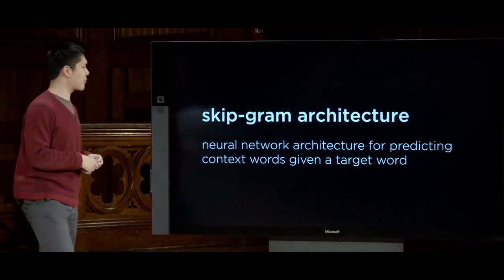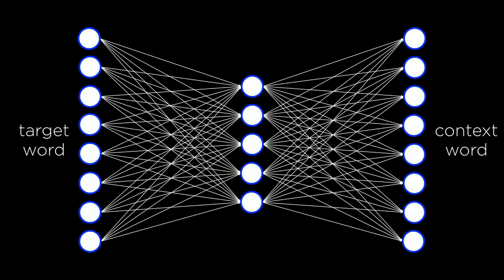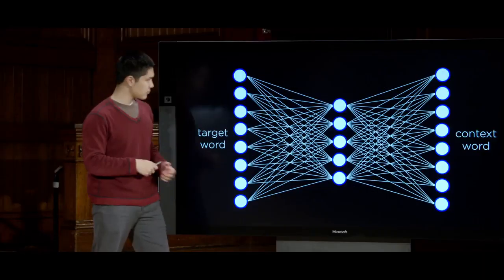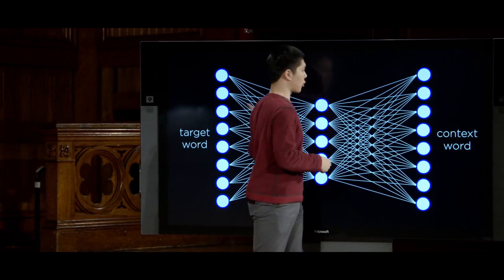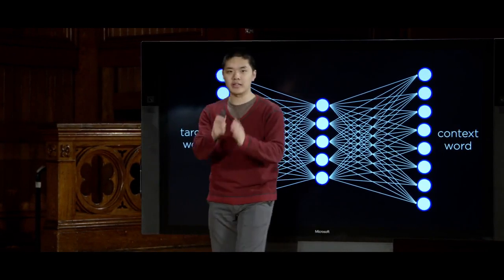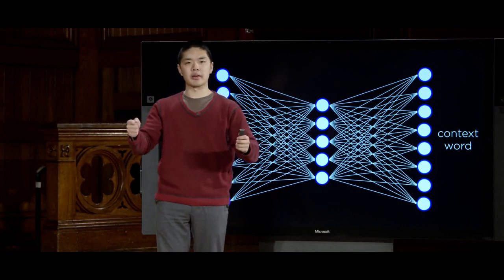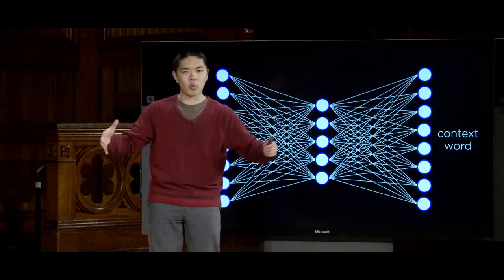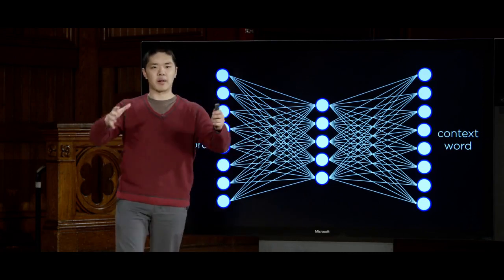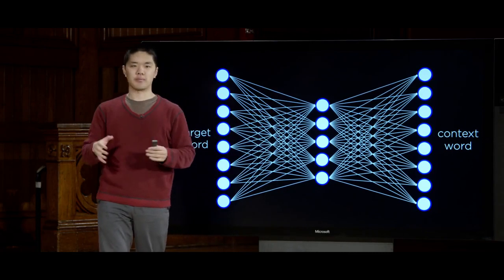And so the way we might represent this is with a big neural network like this, where we have one input cell for every word. Every word gets one node inside this neural network. And the goal is to use this neural network to predict, given a target word, a context word. Given a word like lunch, can I predict the probabilities of other words showing up in a context of like one word away or 2 words away, for instance, in some sort of window of context?